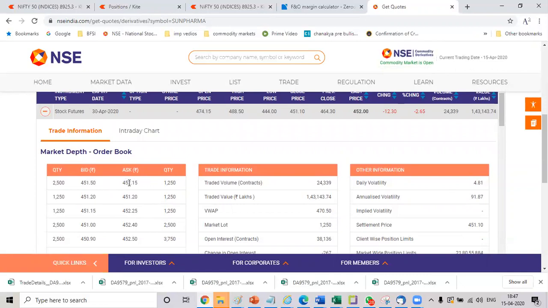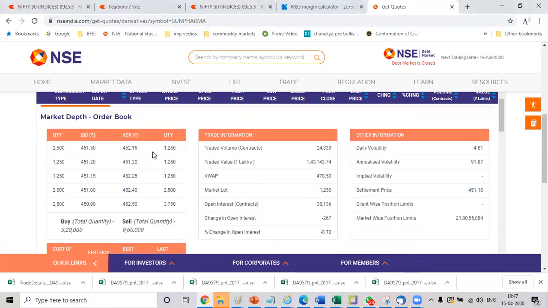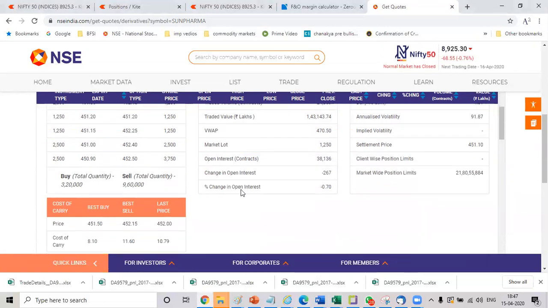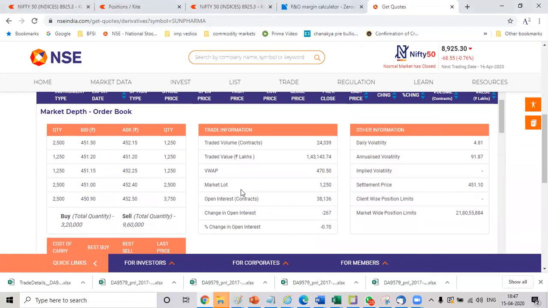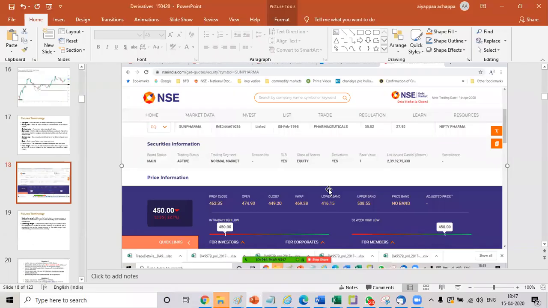The simple reason is that you will not be paying the full 452 now. You will just be paying a part of it. There is a market lot for Sun Pharma. Let us see what the Sun Pharma market lot is. That is 1,250.